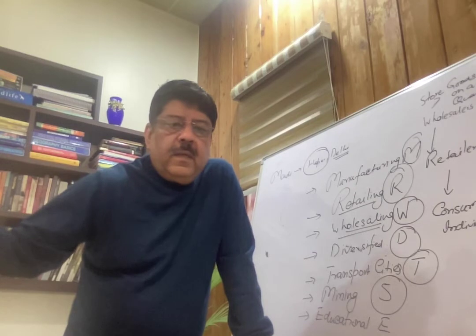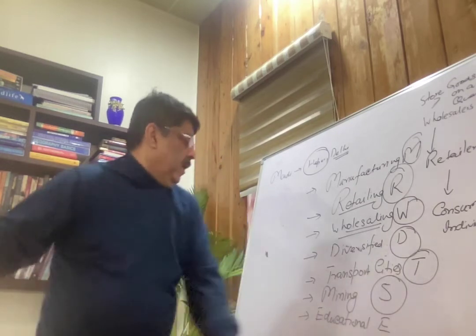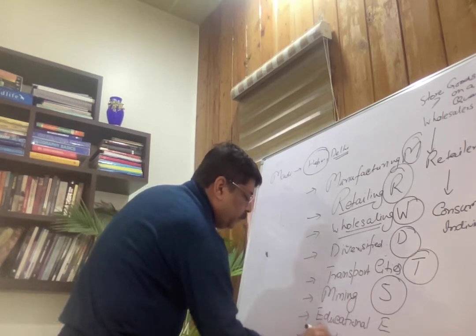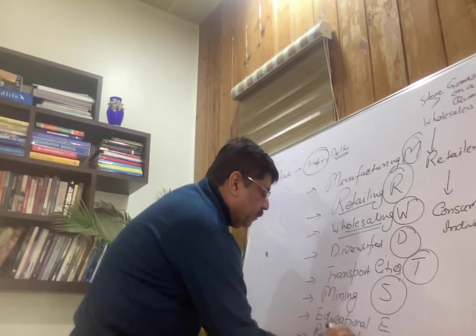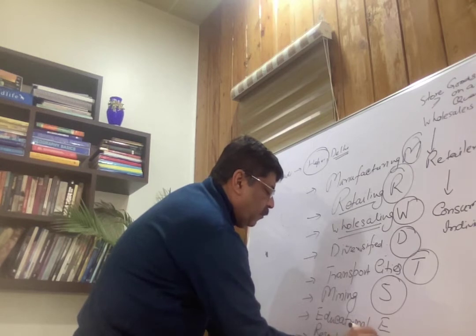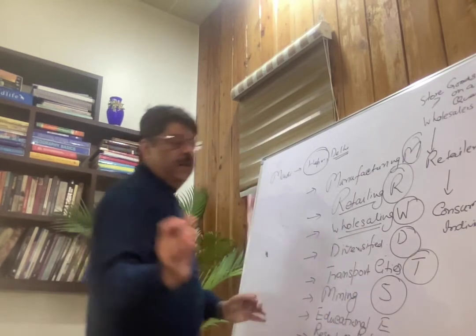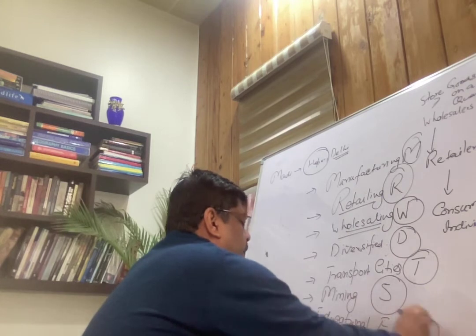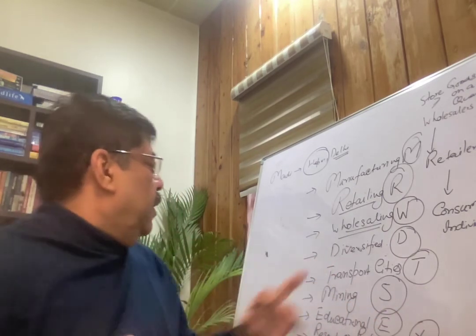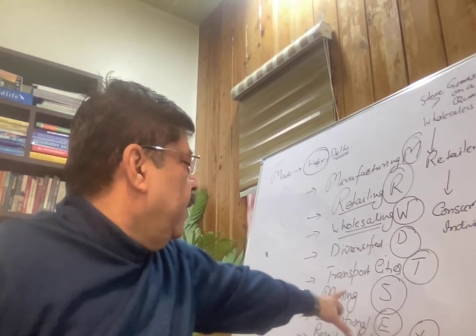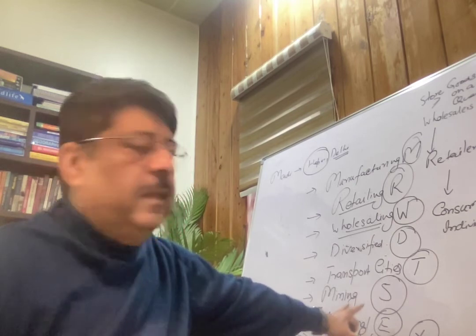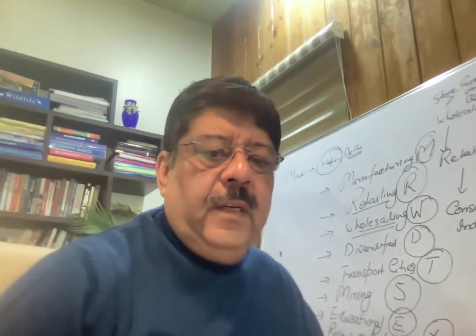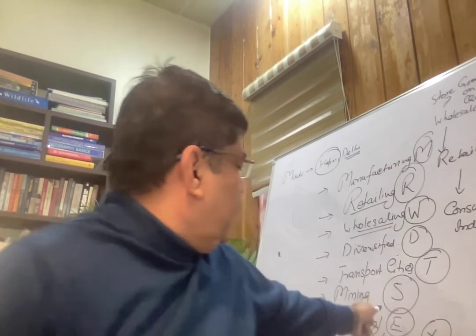Another type he added was the resort or retirement city, where people live for relaxing, and he gave it the letter X. You have to remember: S is mining, and resort cities are X. All the others are very easy, the first letter of the type, but these you have to remember.